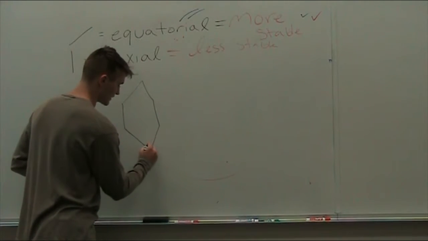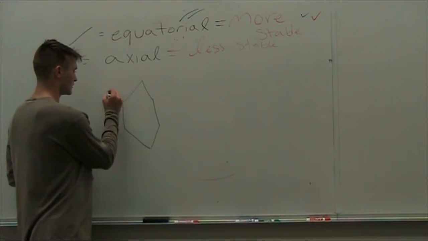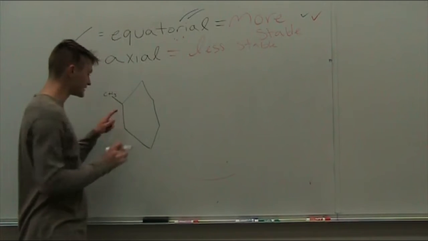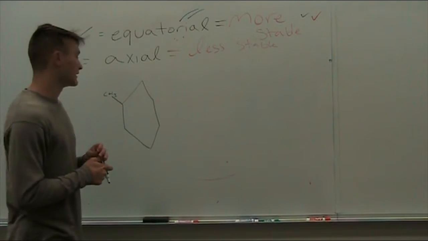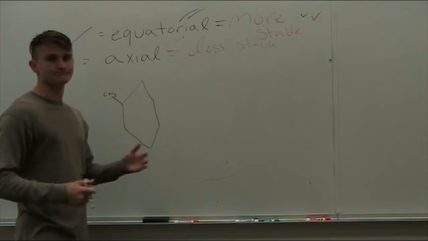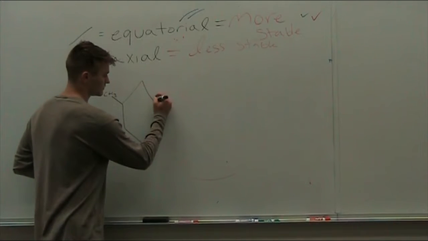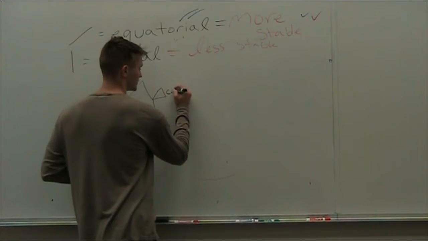So here's a cyclohexane, and we're going to put a methyl group, and remember this does not have preference, so you want to put it on the more stable, which is equatorial. And we're going to put a wedge with it.